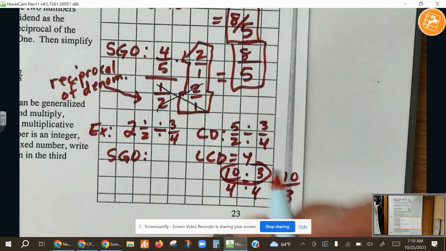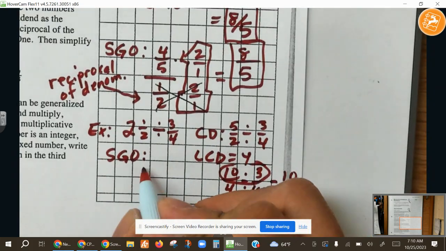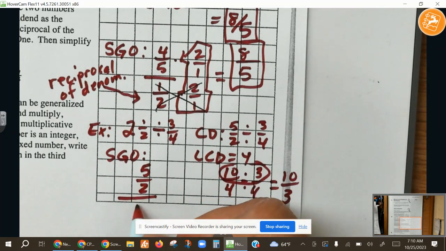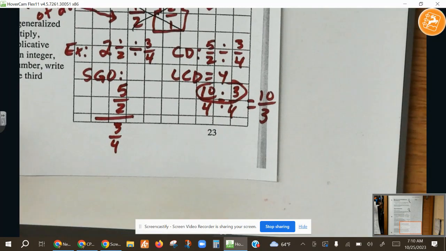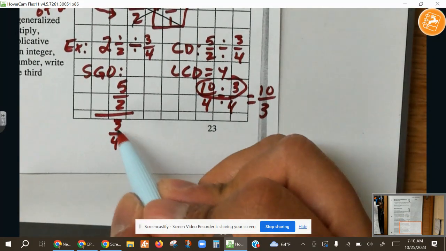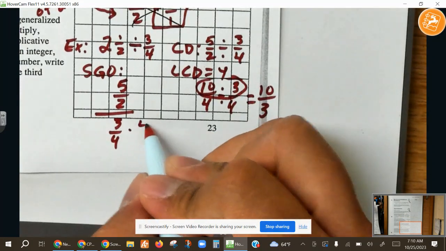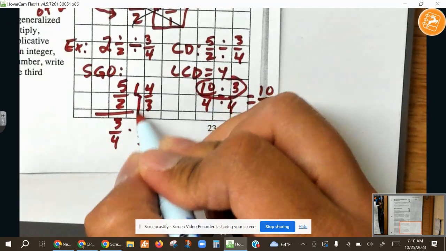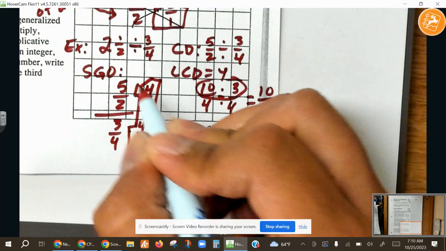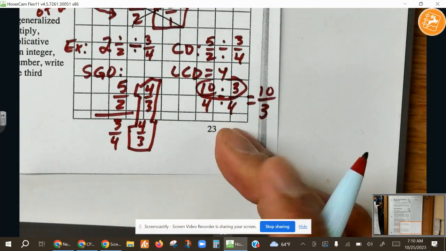Okay, supergiant 1. We have 5/2 divided by 3/4. And the supergiant 1 is going to be the reciprocal of the denominator. You can just put a rectangle if you're not good at the supergiant 1.